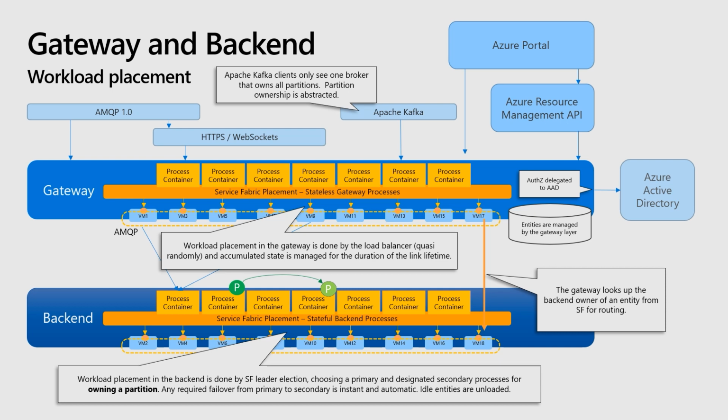The Apache Kafka clients, when they talk to us, if you are familiar with Kafka, Kafka has a notion of a bootstrap address, and that's one of the brokers. Then you talk to that broker, and then the client will, depending on which partition you want to talk to, connect directly to those individual brokers that own those partitions. We don't have that here. We have one address, and we will tell the Kafka client, for every partition, come to this address.